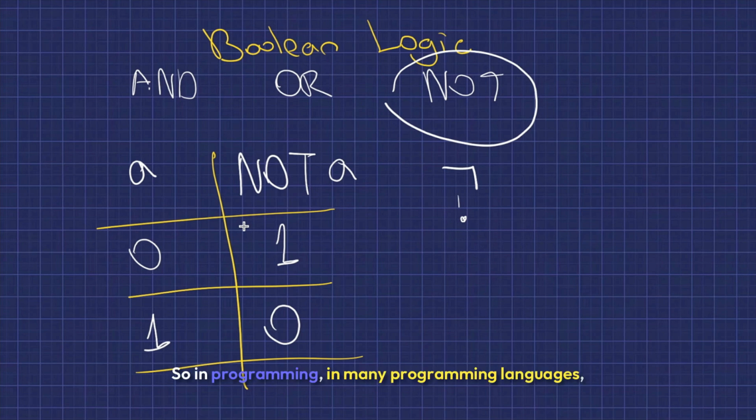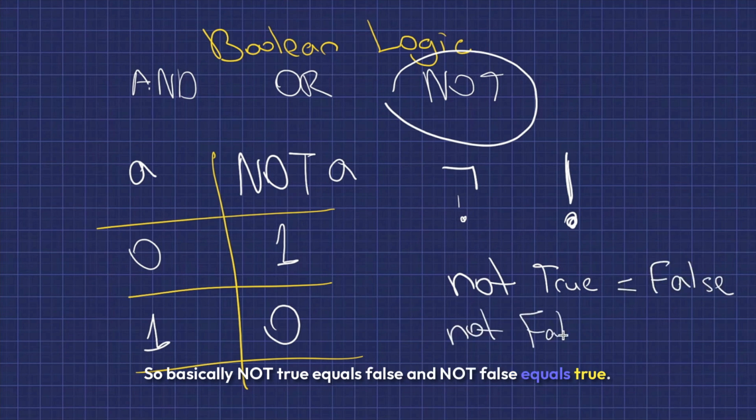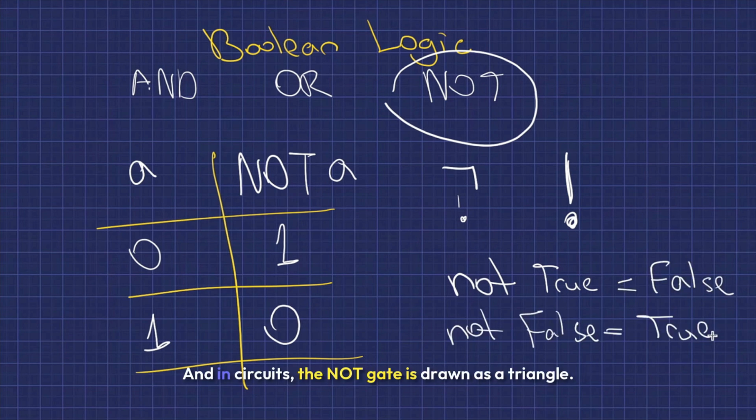In many programming languages, the NOT operation is written using this symbol. So basically not true equals false, and not false equals true. And in circuits, the NOT gate is drawn as a triangle like this.